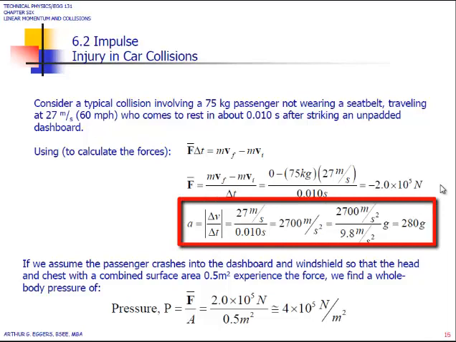Then we go back to our definition of acceleration. We defined acceleration as the change in velocity, final and initial, over the duration of time. Since the initial value was 0 and the final value is 27 meters per second, over that same interval of time, we can see that 60 miles per hour equates to about 280 times the force of gravity, 280 Gs.